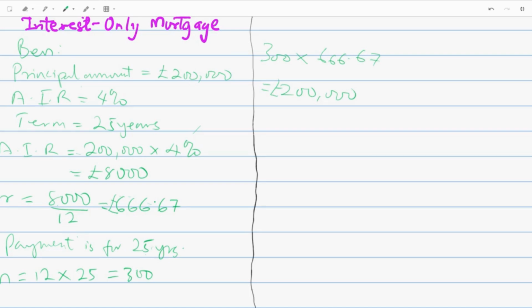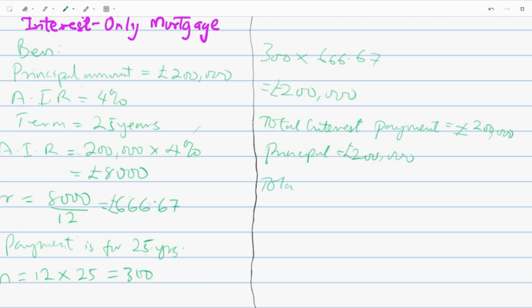All right, so the total interest payment that Ben will have to pay is £200,000. We do know that the principal is equal to 200,000 as well.